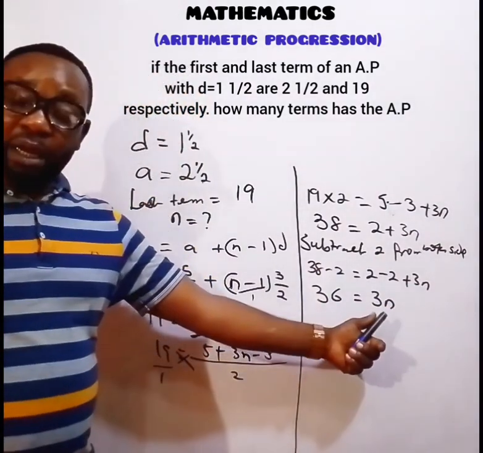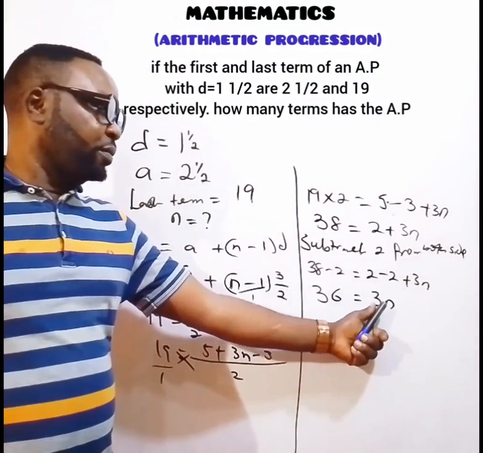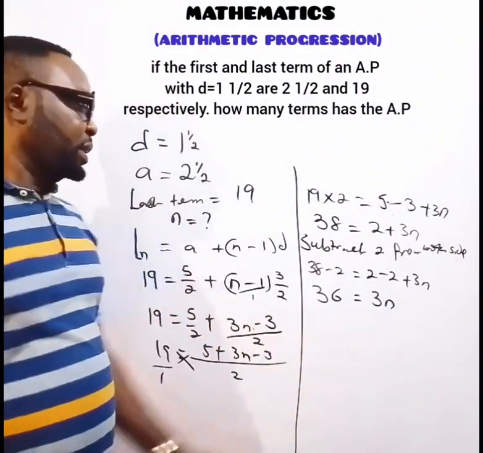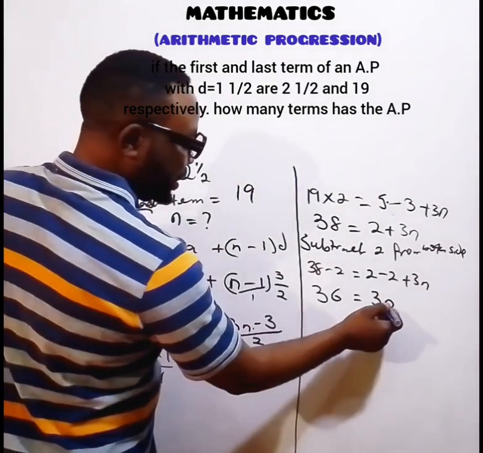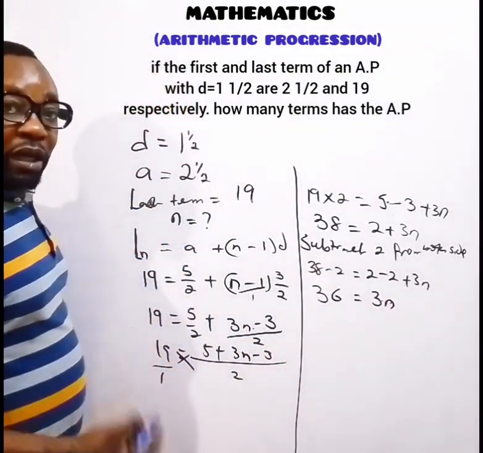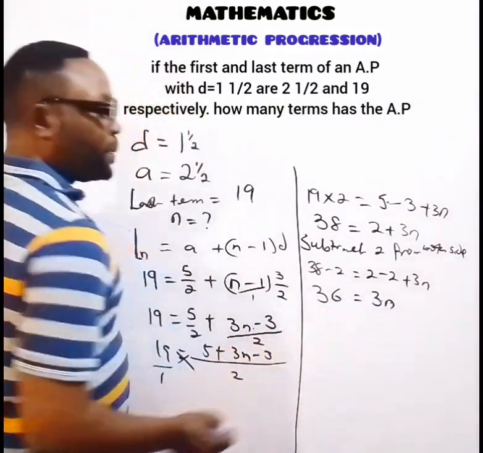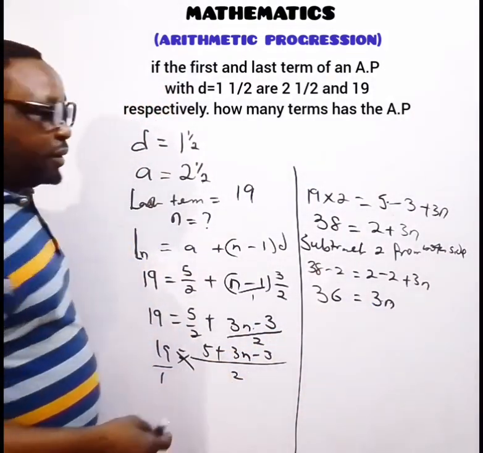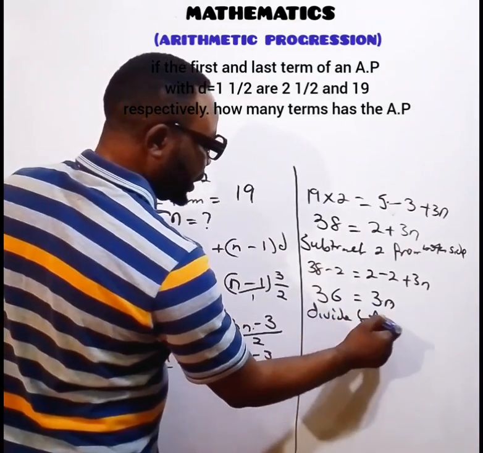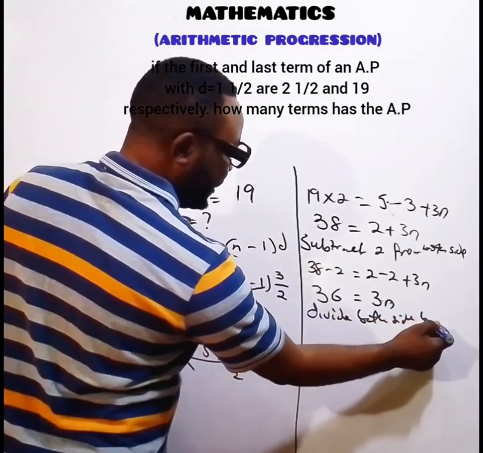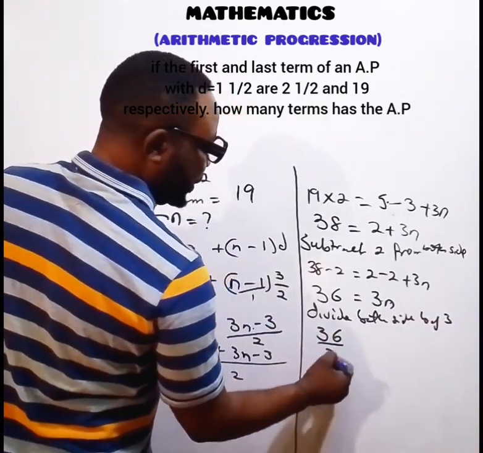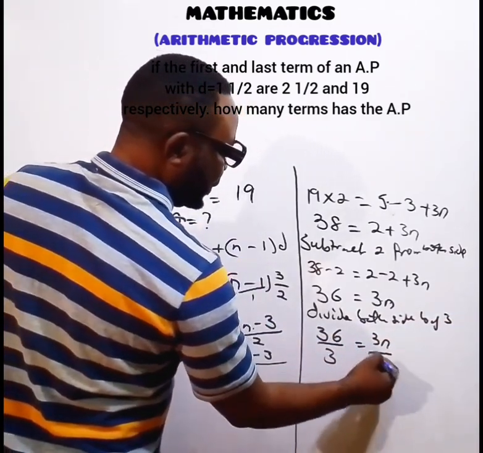I need to find the value of my n, that is the number of terms. I can say that this is multiplied by n here. So, for me to eliminate this 3, I have to divide both sides by 3. I'm having 36 over 3 is equal to 3n over 3.